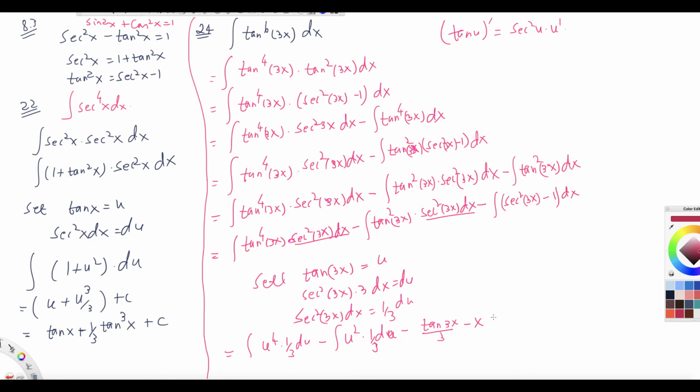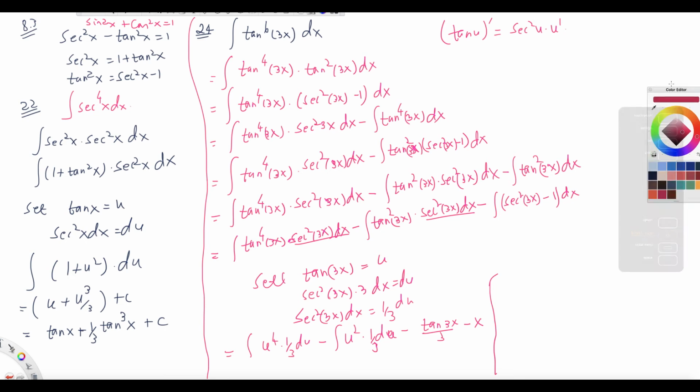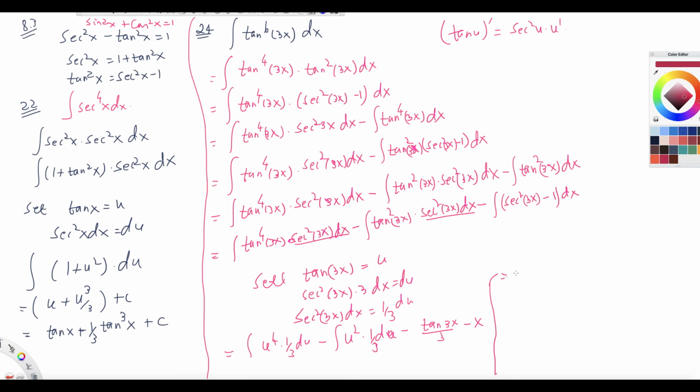Okay, so what I'm going to do is find the integral of that as well. So how does that look? Let me write that down. That will be equal to, so what is u to the 4th? That is 1/3 u to the 5th over 5. You see that? And then minus 1/3 u to the 3rd over 3, minus 1/3 tangent 3x, minus x plus c, right?